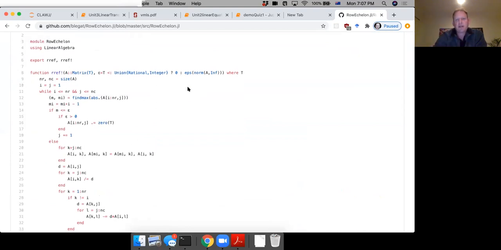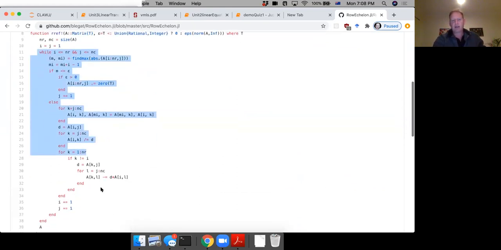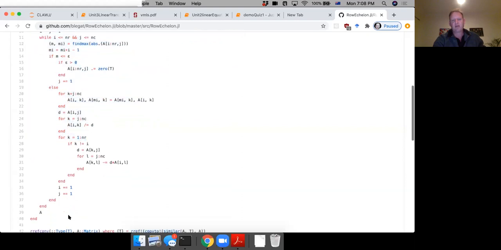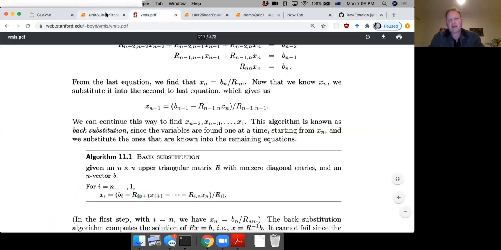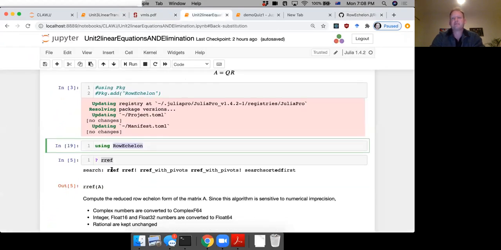There are a few more issues here, like the type: are you working with rational numbers or integer numbers. That's why the code is more industrial. You don't have to look, but this is how Gaussian elimination is carried out. Again, this is not the heavy duty industrial Gaussian elimination, which is carried out by LAPACK. But that's this RF function.